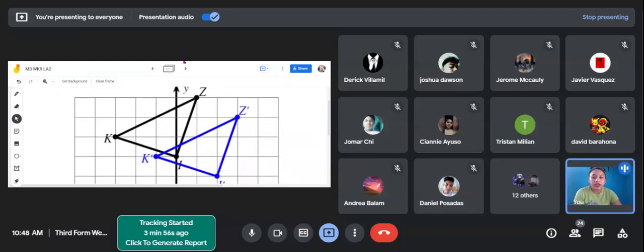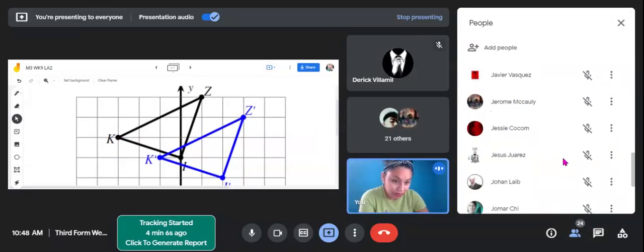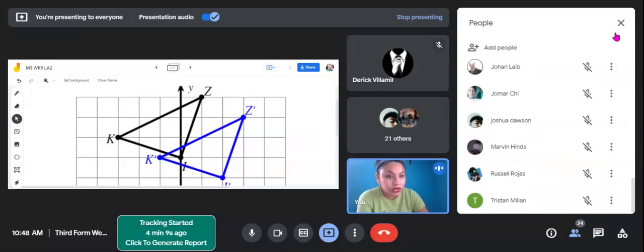Now let's look at this image, where the black image is the original, the pre-image, and the one in blue is the new image that has been produced.